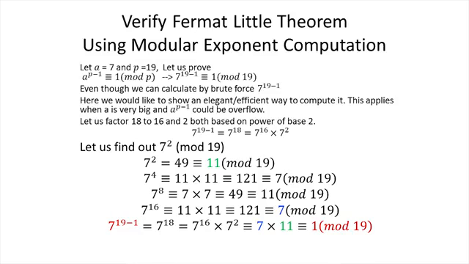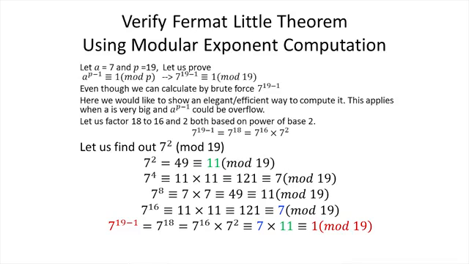We can calculate 7 to the power 2, and then 7 to the power 4, 7 to the power 8, and then 7 to the power 16, because each of them is the previous term multiplied by itself, using modulo 19.